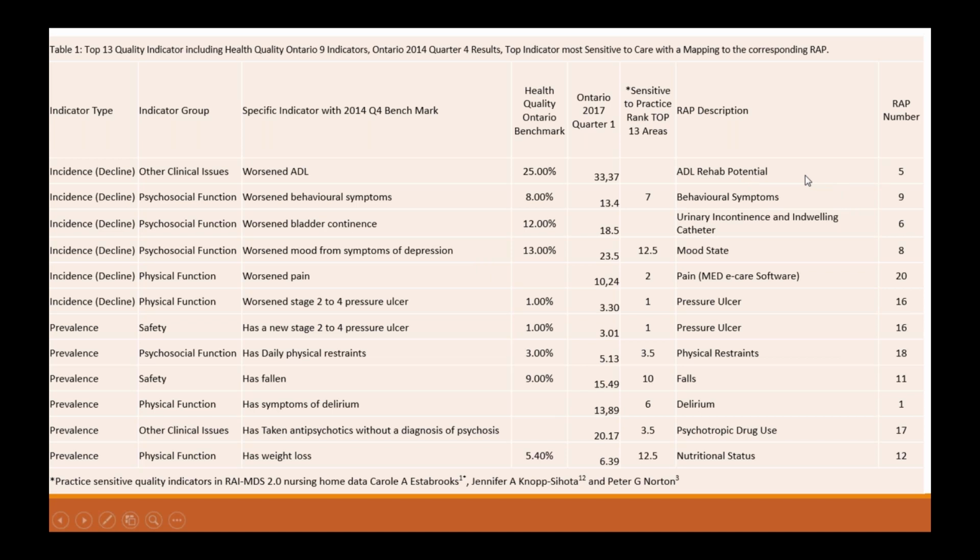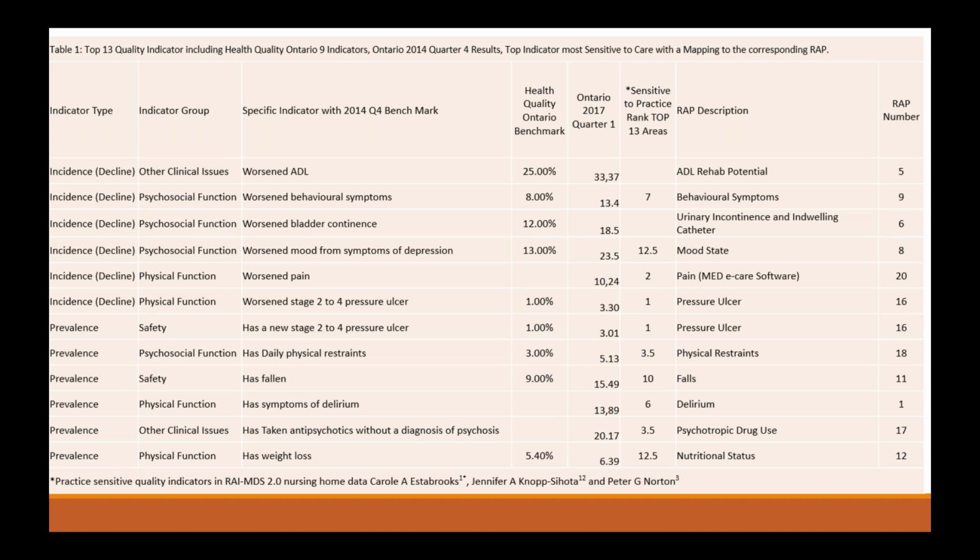And we'll see also that there's a CAP related to ADLs as well, and we'll look at both of those. So my goal here today is to not only just show you the quality indicator and what items, but to also show you how it impacts the risk indicators, the RAPs or the CAPs, and then how that impacts funding.